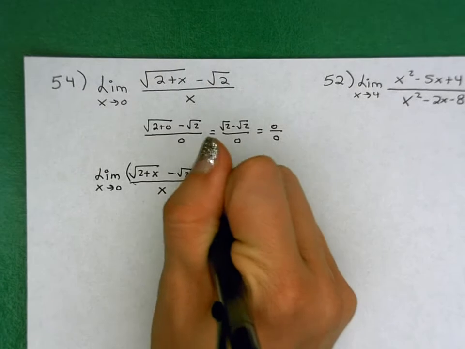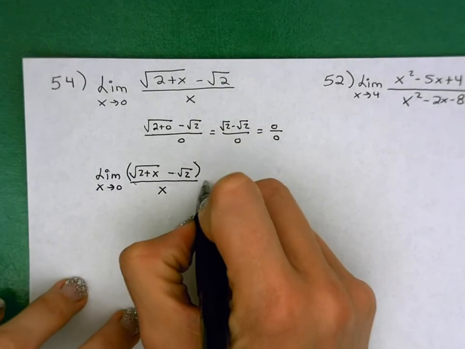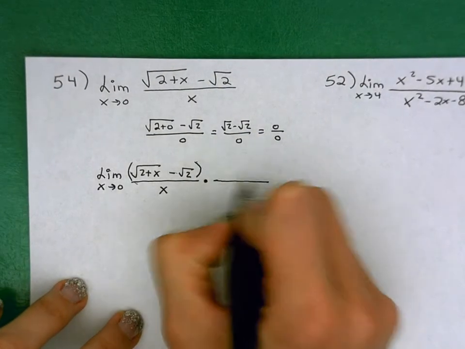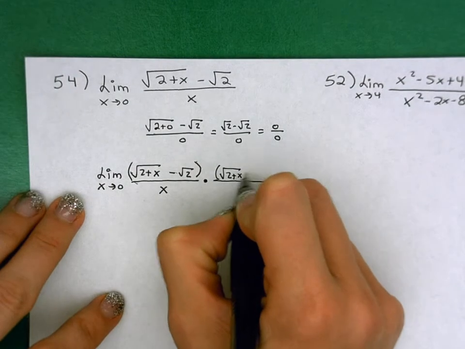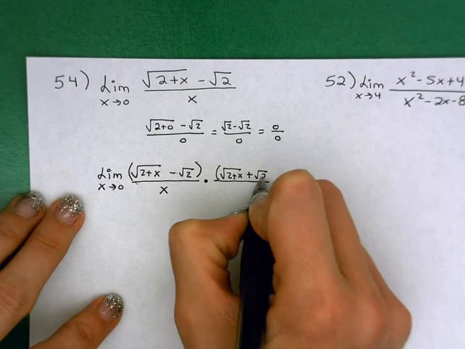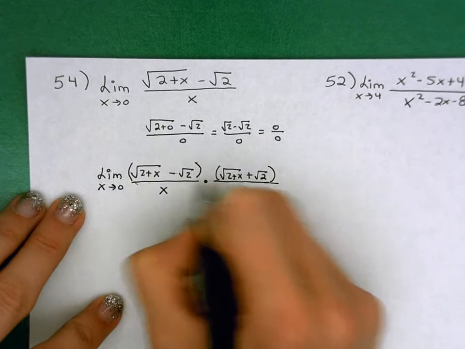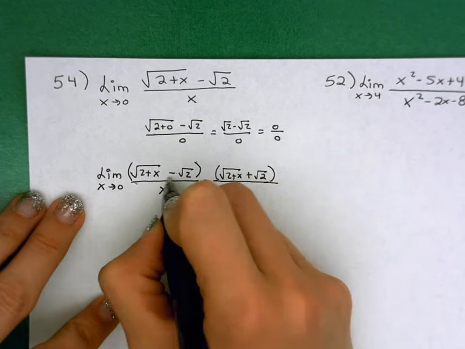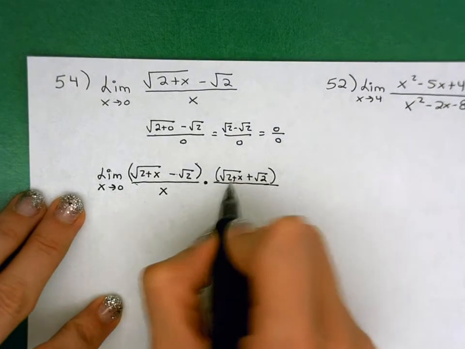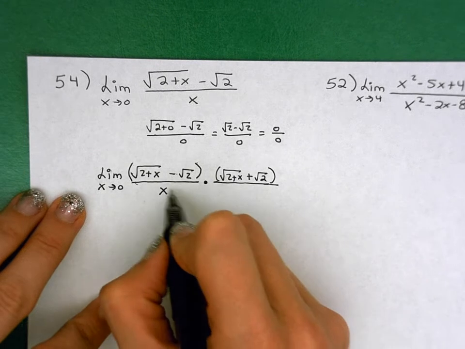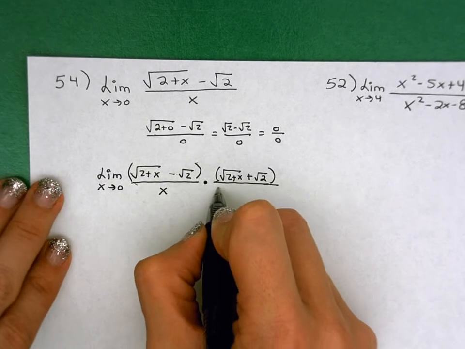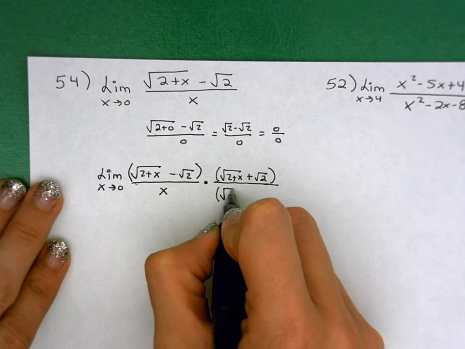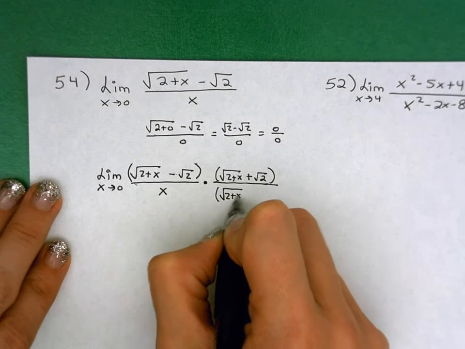And so we're going to take this root 2 plus x minus root 2, and we're going to times our function by root 2 plus x plus root 2. Same terms, different sign in the middle. But because we aren't looking to change the function, we want to keep it equivalent, we're going to multiply by 1, which means doing the same thing to the bottom that we do to the top.